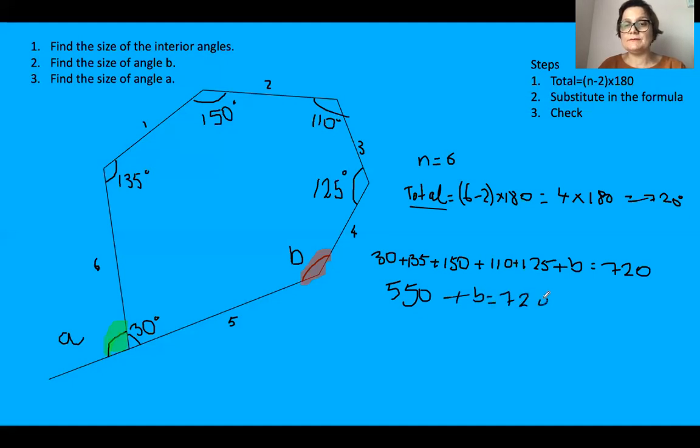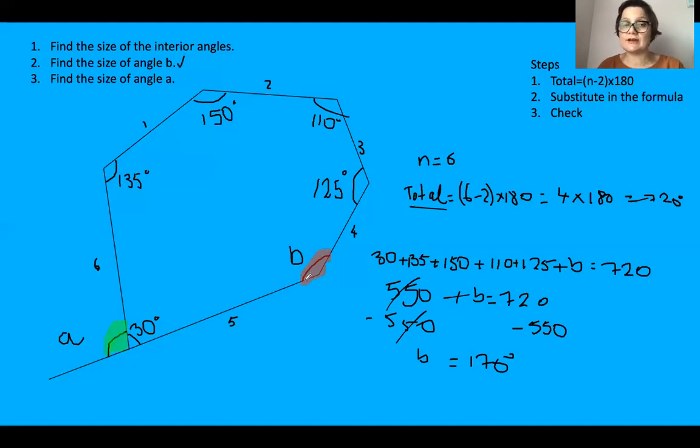And so we take away 550 on both sides, take away 550, take away 550. So it's just an equation with a variable B, right? This is how we cancel them out. So B is going to be 170 degrees. Okay, so we solved the first part, 170 degrees.